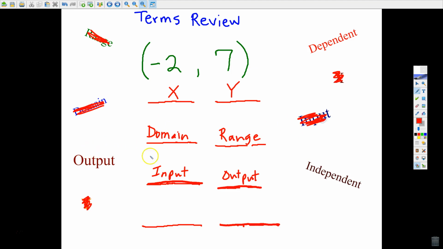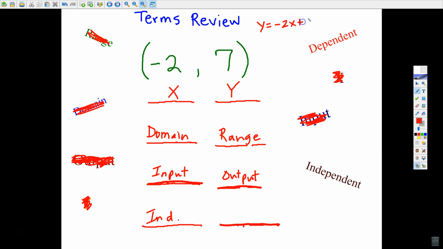They work together. And y, range, output, those are all along the same lines. And then finally, this -2 represents an independent value, or maybe you've heard the term independent variable when referring to an equation for a line.